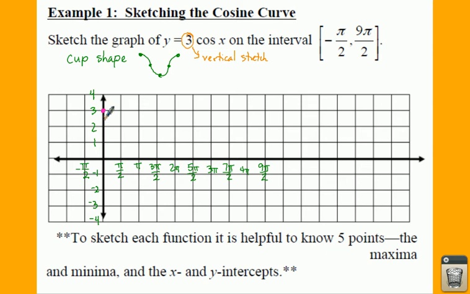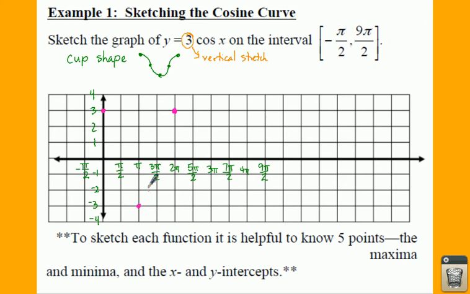And as you go around your circle, your second point would go all the way over to 2 pi, because that's where the end of your first cycle is. So we're going to have this little shape in here. Something like that. Well, halfway in between these 2 points is your third point. Here's pi, but instead of being here, we're going to go down 3.